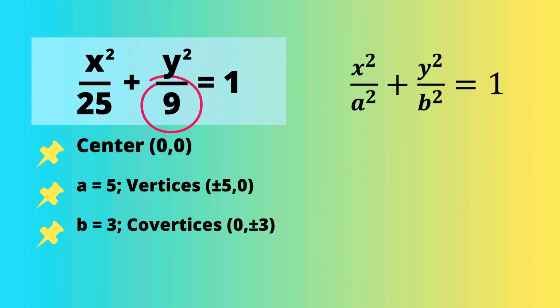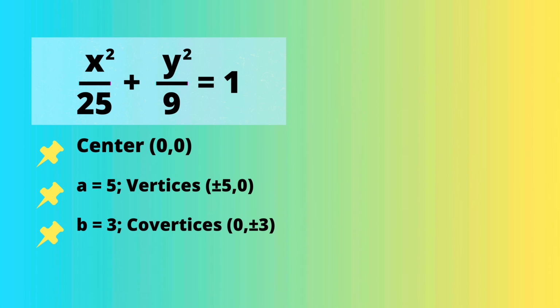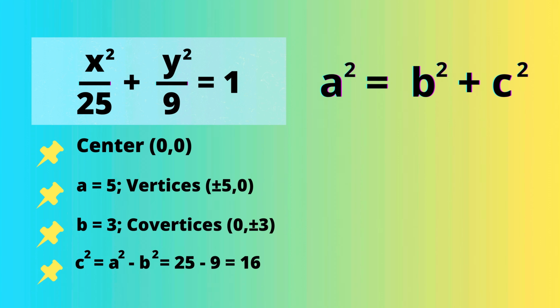That would leave c, or the coordinates of the foci, missing. To solve for c, we will use the Pythagorean theorem, a squared equals b squared plus c squared. From the formula, we can solve for c squared by transposing a squared and b squared, so that we have c squared equals a squared minus b squared.